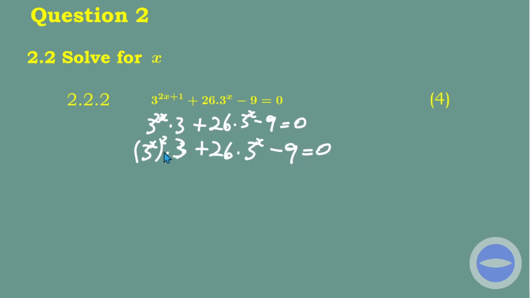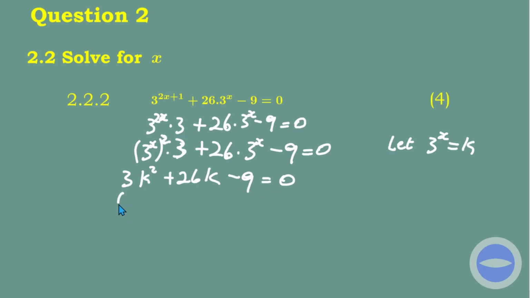So for me to be able to factorize this as a squared term, I will use the k method. So I will let 3 exponent x equals k. So here I will have 3k squared plus 26k minus 9 equals 0.